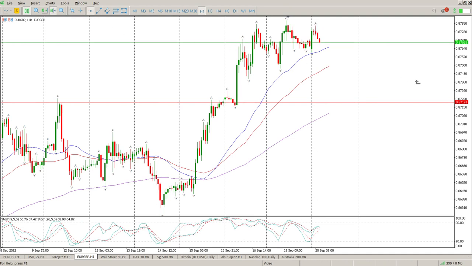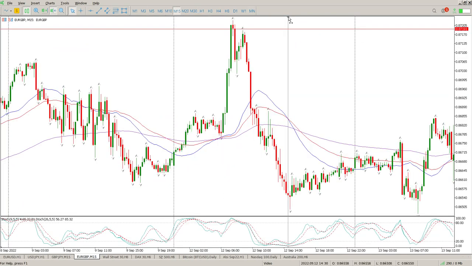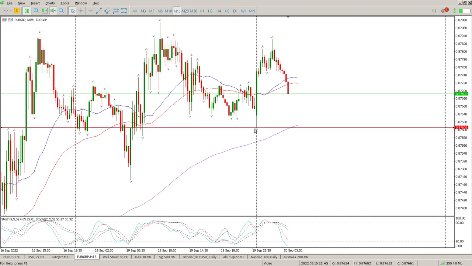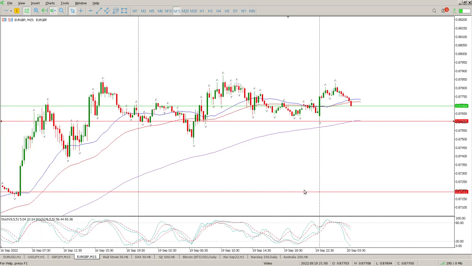The logic is quite simple right now. Going down to a much lower time frame, a break below the low of today is going to validate the London breakout strategy, and then you should get an opportunity for a short scalp down to this area here.